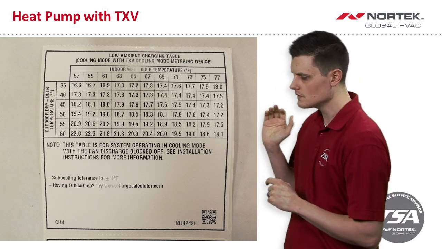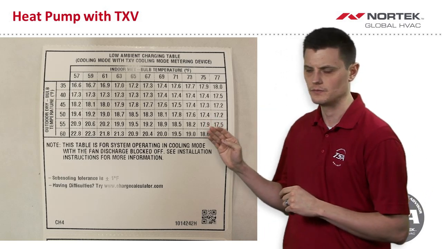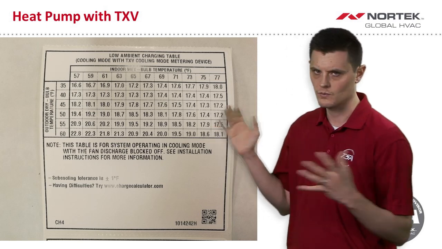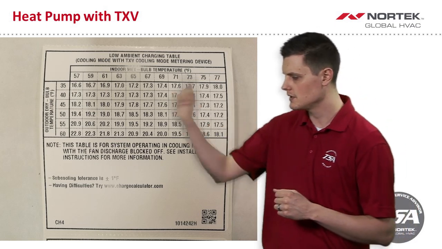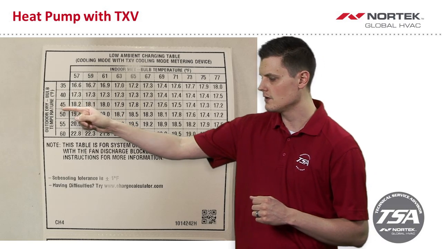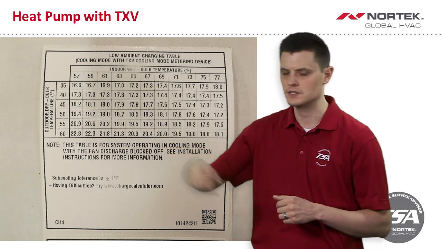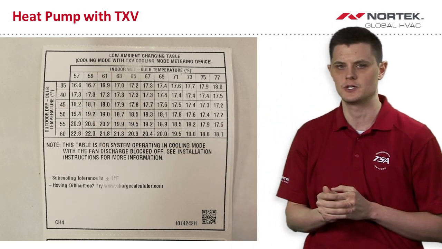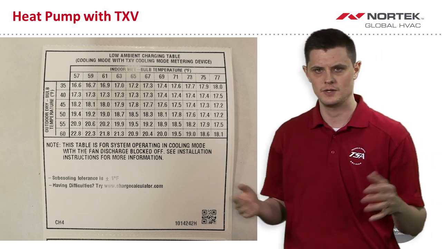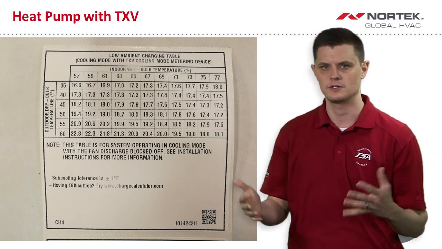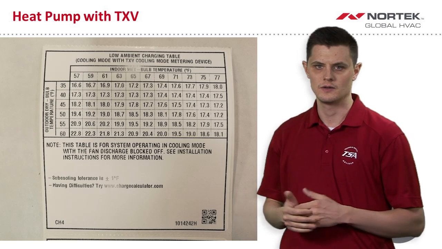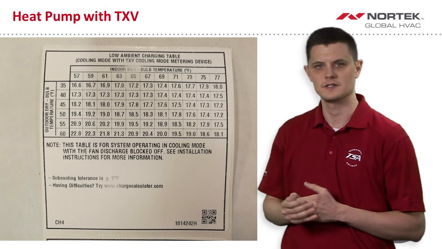So this is for a heat pump application, okay? The reason right off the bat why I know that is because on the very end over here, we have 35 to 60 degrees for our ambient temperature. Obviously, that's going to be for a heat pump application, so we're not running an AC, or we shouldn't be running an AC, under 60 degrees.